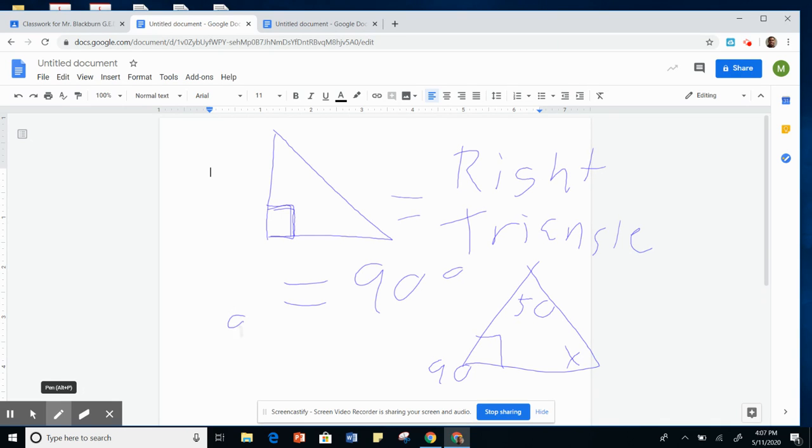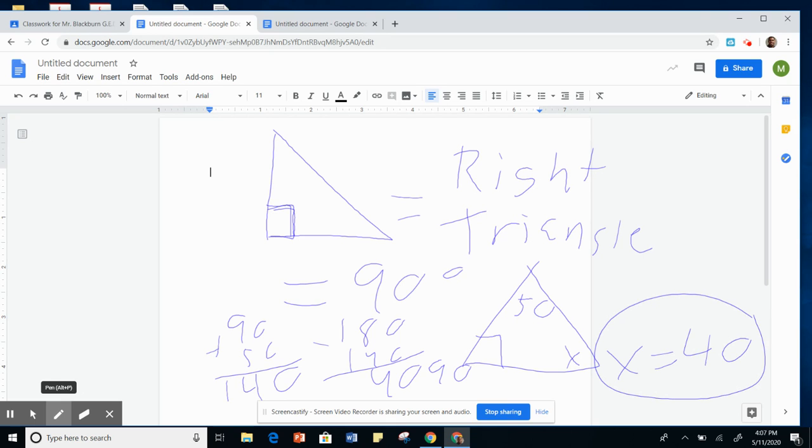So you want to add up 90 plus 50. 9 plus 5 is going to be 14, so that's 140. Then you do 180 minus 140 gives you 40. So x is equal to 40 degrees. So that's a right triangle.